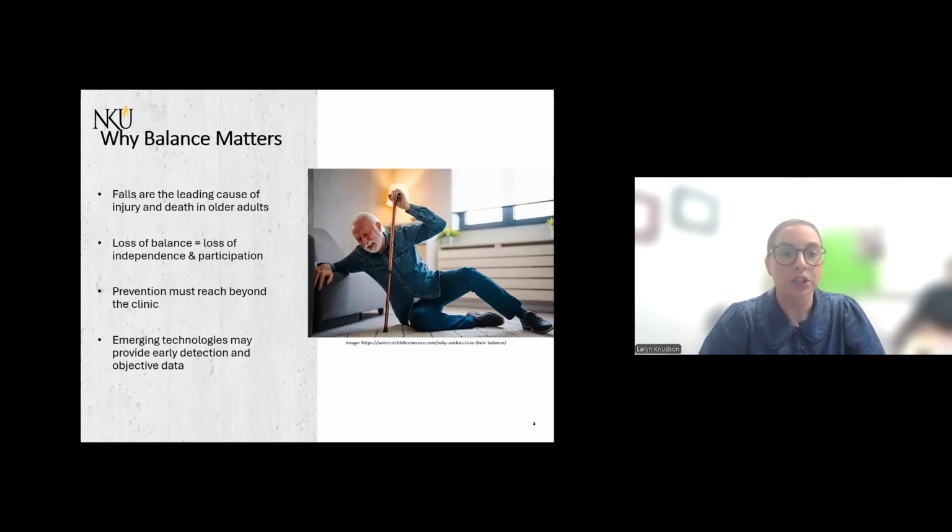And there are a lot of emerging technologies out there, and these technologies may provide early detection and objective data in seeking to prevent falls in this population specifically. We also wanted to note that with balance, it is multidimensional. There is the physical component, the cognitive component, and the psychological component.